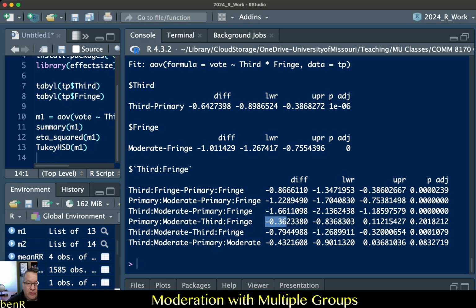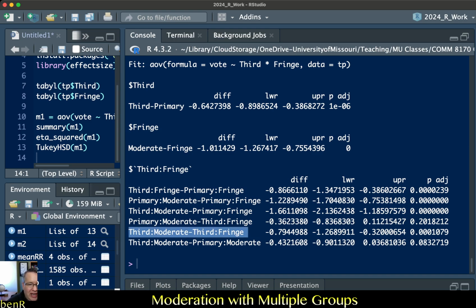And here it says the difference is 0.36, but it's not statistically significant. So really, you don't want to be moderate and you don't want to be a third-party challenger, and you can't really split the difference. You're not in an advantageous situation either way.